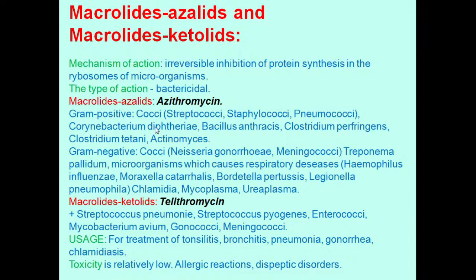Mechanism of action for all macrolides is irreversible inhibition of protein synthesis in ribosomes of microorganisms. Type of action of these two subgroups: bactericidal. Azithromycin belongs to azalides. Spectrum of action is not so broad, but wider than penicillins.